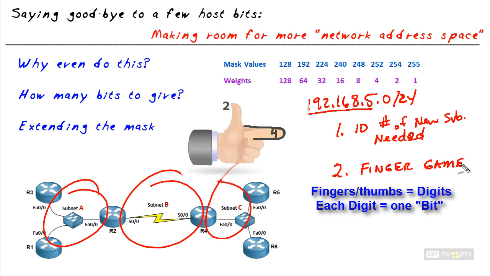Now 2, that's how many bits it takes to generate that many subnets. Just for grins, that meets our needs. All we really need to do is take 2 bits, and that'll create 4 subnets, which meets our need of 3. So let's do this.